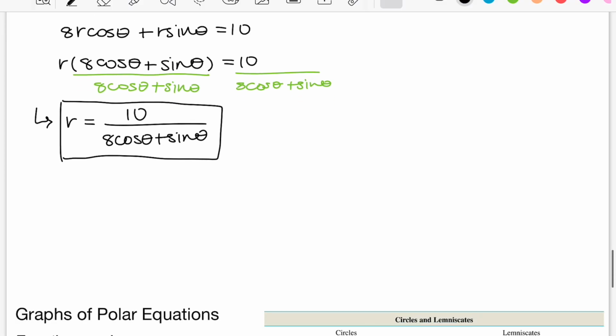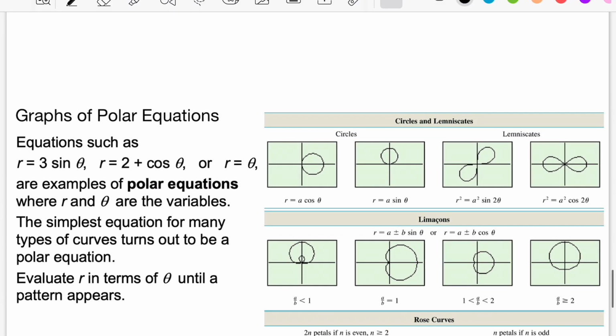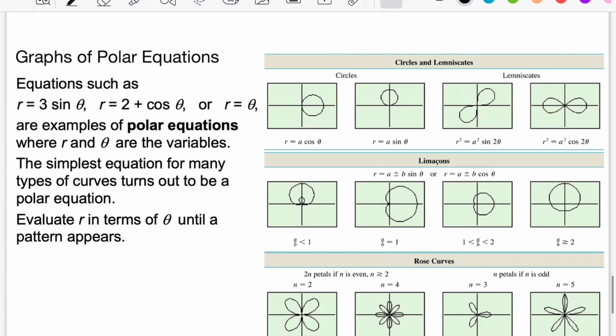Now, the last thing we're going to look at is graphs of polar equations. So equations such as these guys here are examples of polar equations where r and theta are going to be the variables. Now, in order to graph these guys, what we're going to do is evaluate r in terms of theta until a pattern appears.